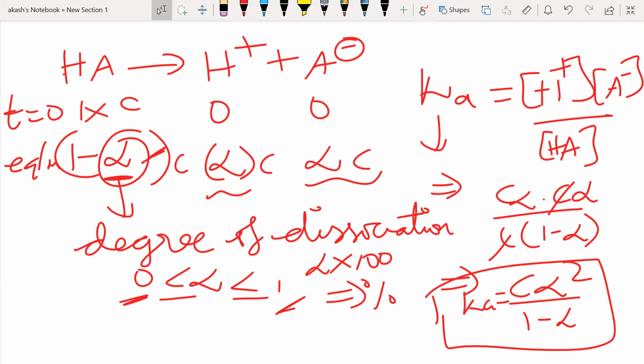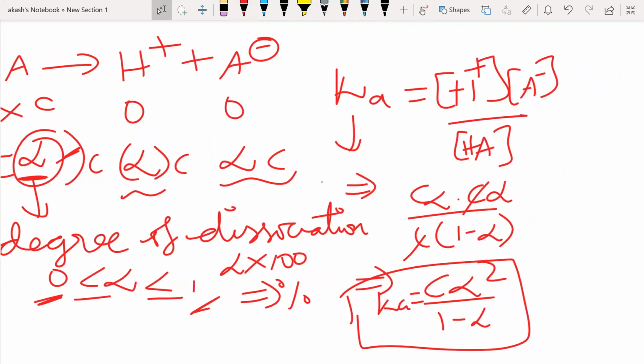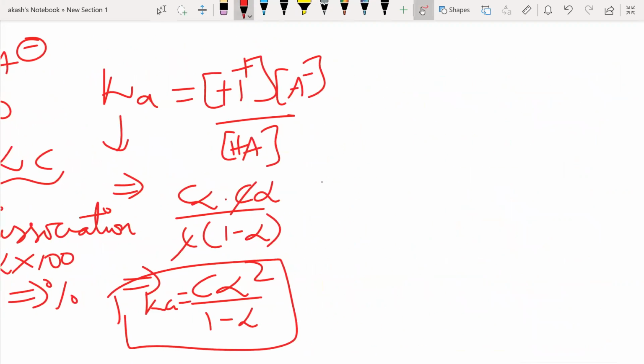Now I'll be able to simplify this equation. That is what is called Ostwald's dilution law, but again, I don't want to specify the names. It's pretty simple.